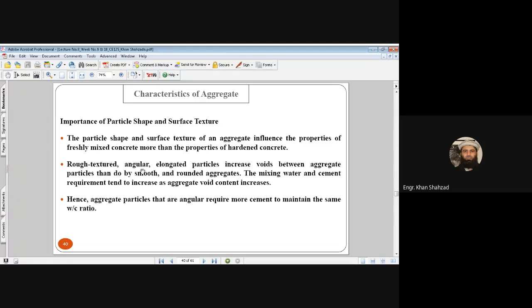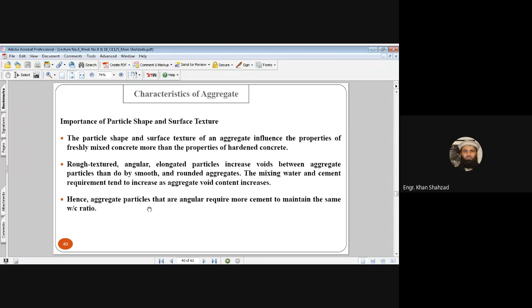Rough textured, angular, elongated particles increase voids between aggregate particles more than smooth and rounded aggregates do. The mixing water and cement requirements tend to increase as aggregate void content increases. If the aggregates have more void content, then we will need more water. And if we have less aggregate void content, then we will need less water.